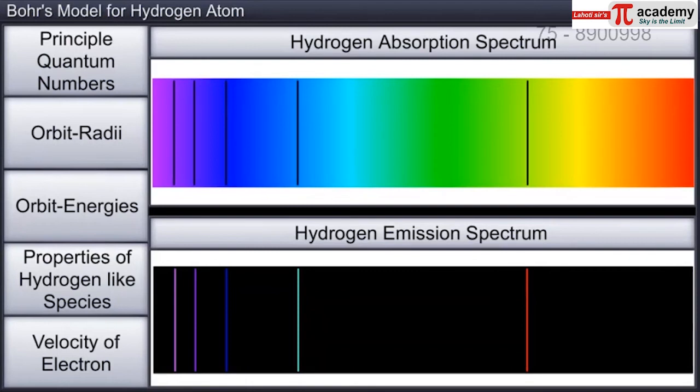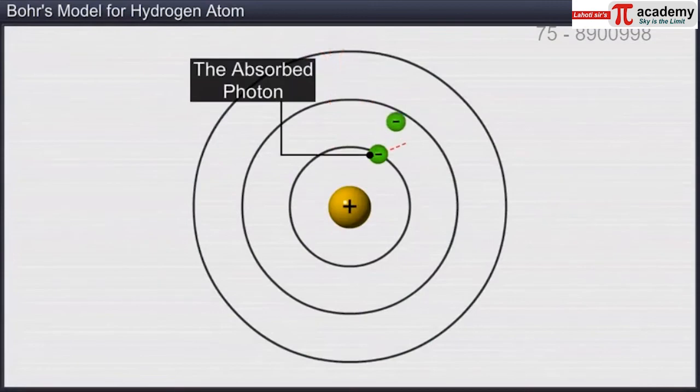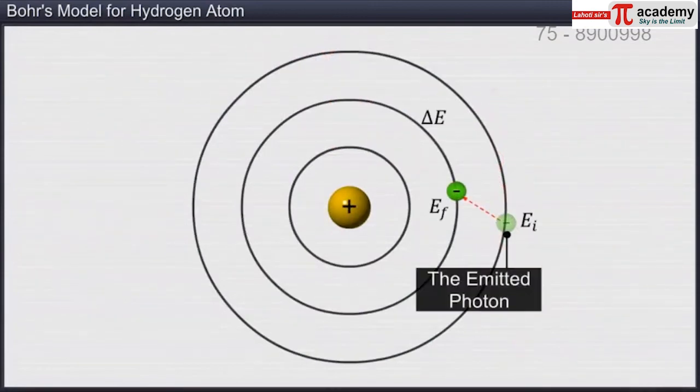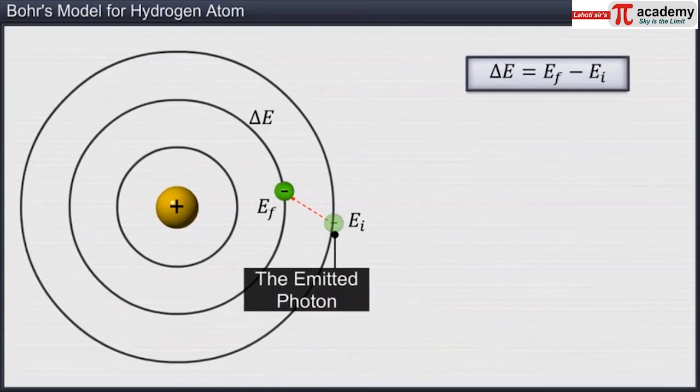Let's see how. According to the second postulate of Bohr's model, the energy gap between the two orbits is given by the equation delta E equals E final minus E initial.